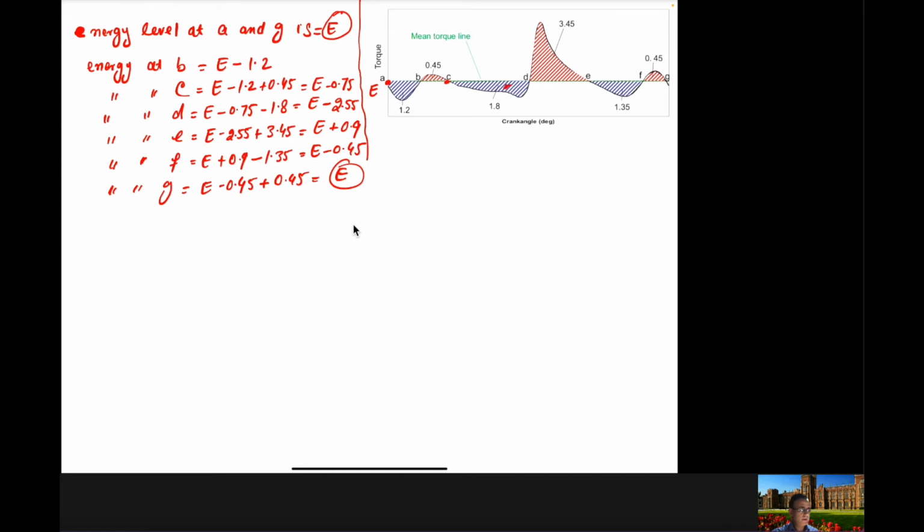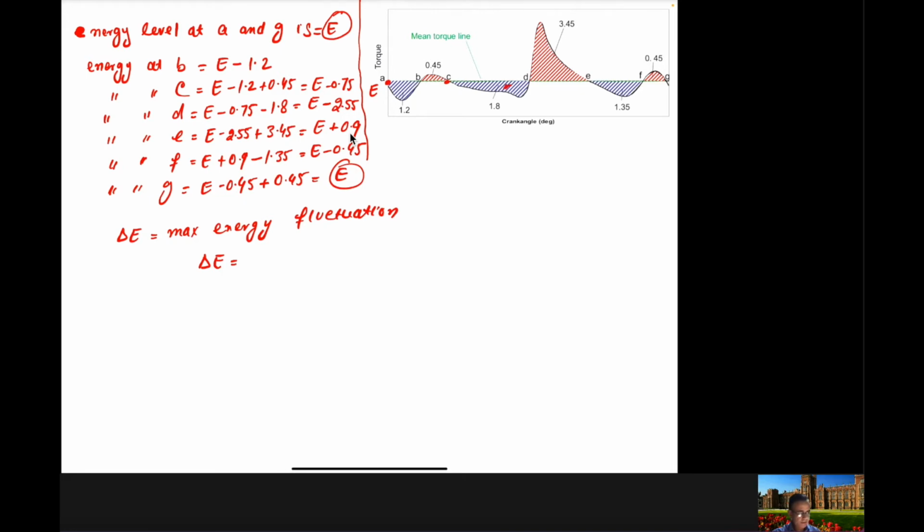So now we want to calculate delta E. So delta E is the maximum energy fluctuation. And this maximum energy fluctuation is the maximum energy in this case minus the minimum energy. So the maximum energy here is the energy at E, which is E plus 0.9.